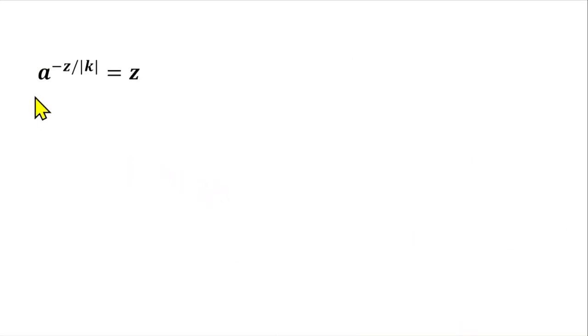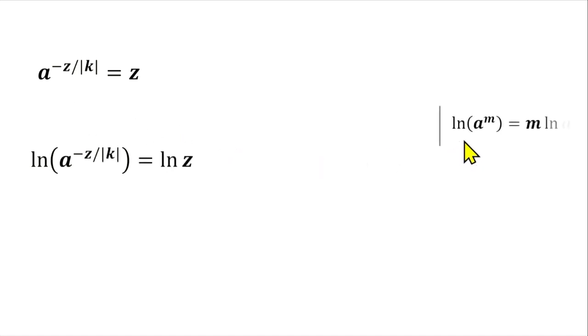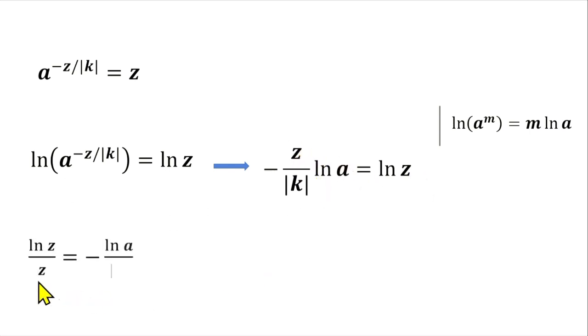As a next step, we take a logarithm of both parts of this equation, and we will use the property of logarithm and move this exponent as a multiplier. Then we divide both parts by z, and we will have an equation in this form.